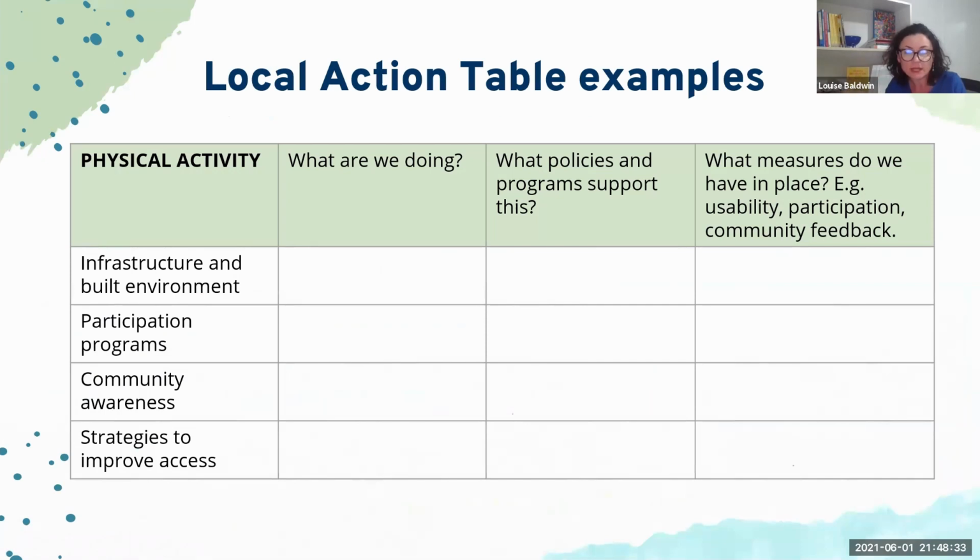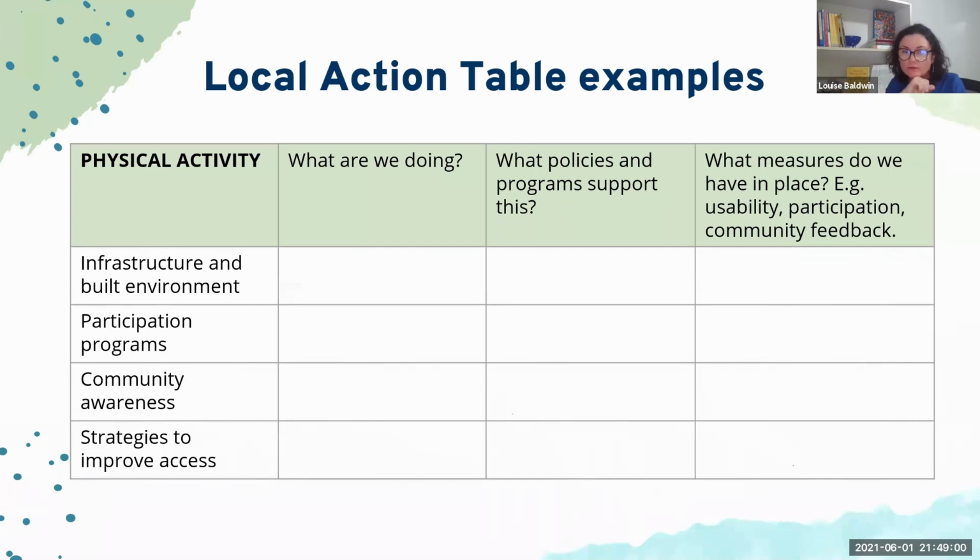Again, this might be a great chance to just pause the video, maybe take a screenshot, a photo, or some notes about what you might like to consider when you're doing that scoping exercise to identify what's already happening in community around these behavioural risk factors. Looking at what are we doing, what policies and programs already support this, and what measures do we already have in place.